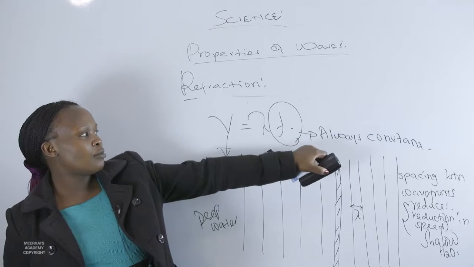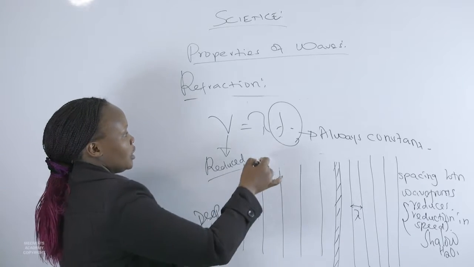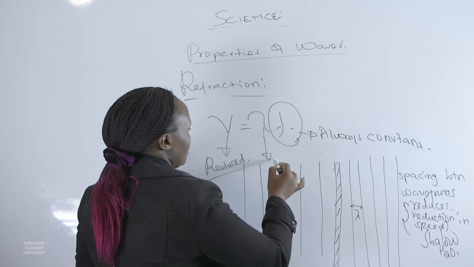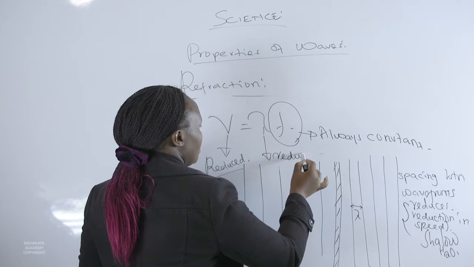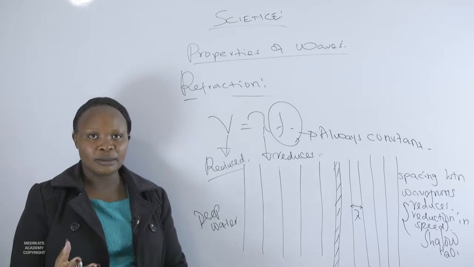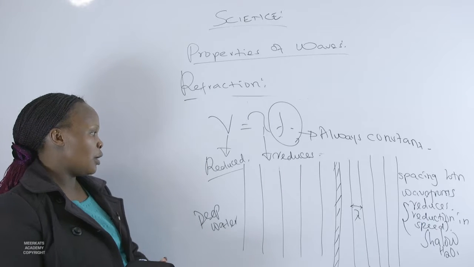Since our frequency will always be constant, the factor to consider should be our wavelength. It reduces also, so that we can strike a balance between the two sides of our equation.